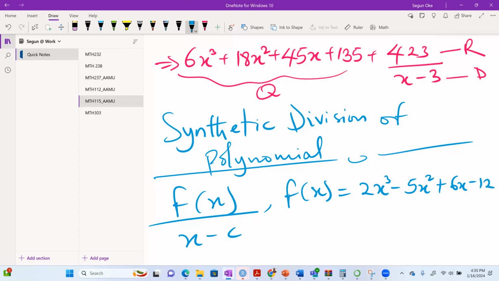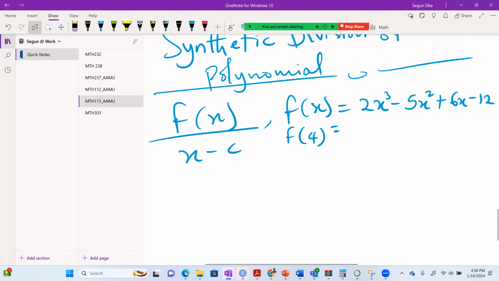And the question says, find f(4). What is f(4) equal to? Our remainder, that is f of r. Let's try f(4) in this case.